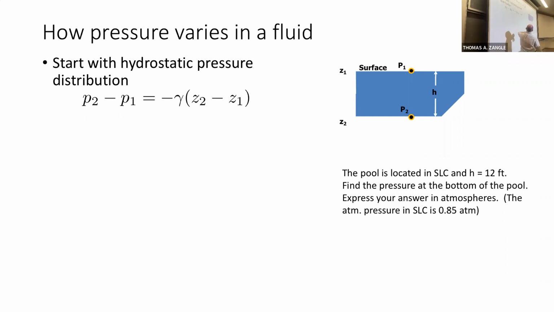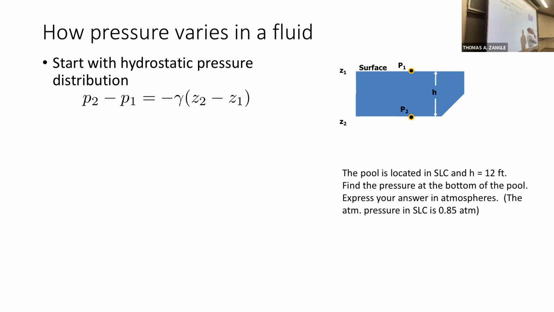What should we use for Z1 and Z2? We know the overall depth of the pool is 12 feet. So what do we use for Z2 or Z1? You just said Z1 is 0 as the reference, and then Z2 would be 12? Negative 12. Yeah.